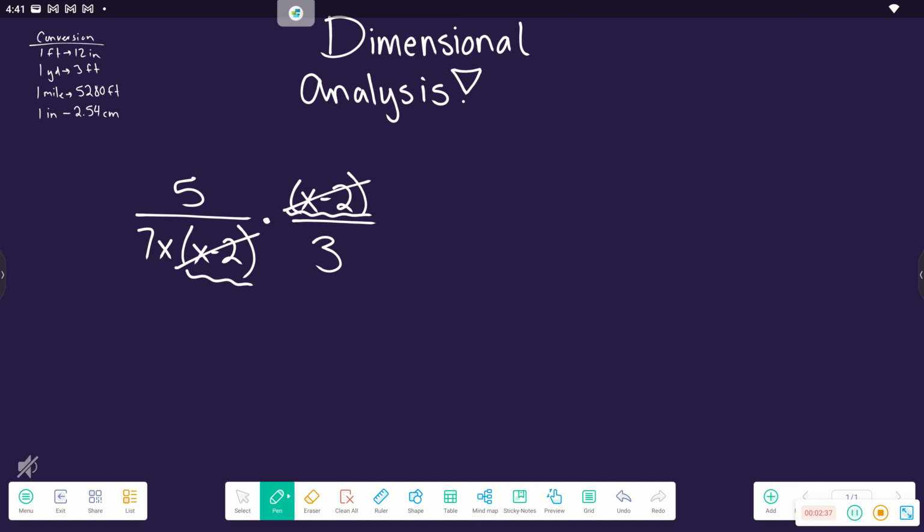Anything divided by itself is 1, leaving us with 5 over 7 times 3 is 21, 21x. So it makes our multiplication a lot simpler.